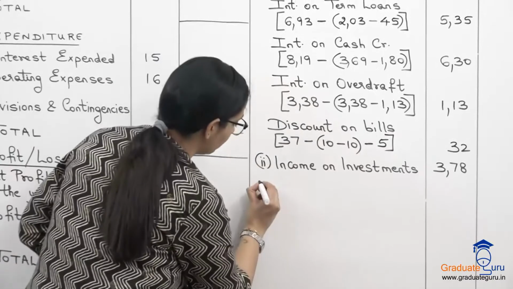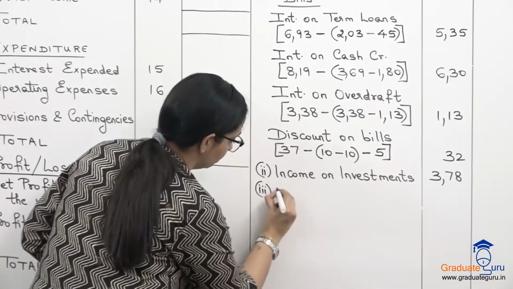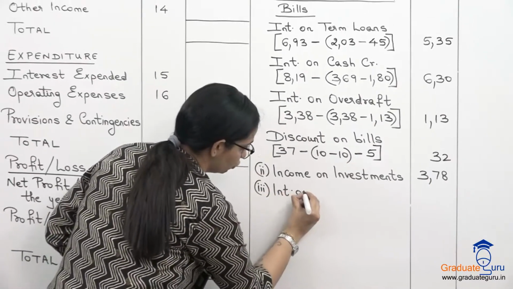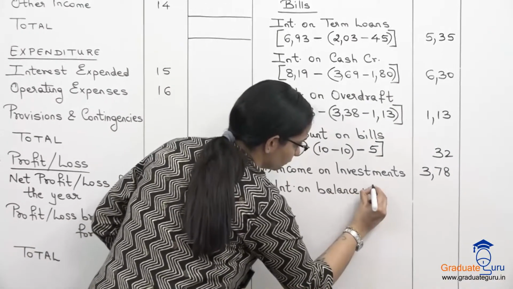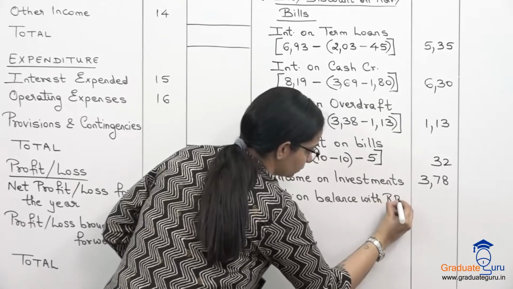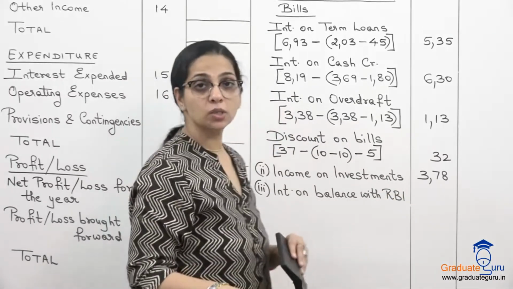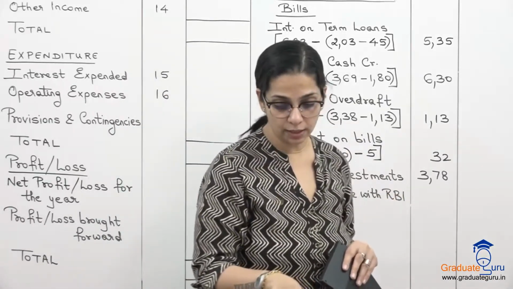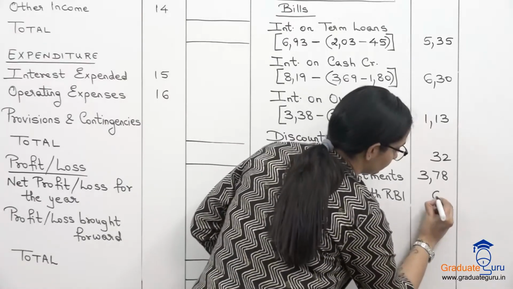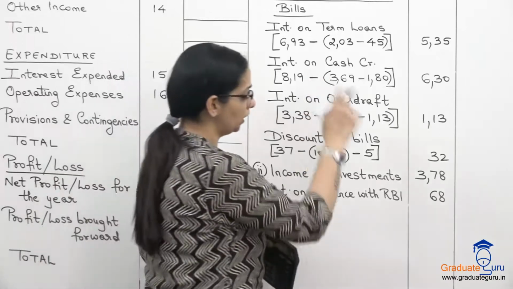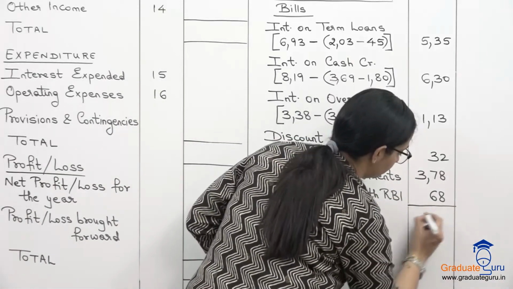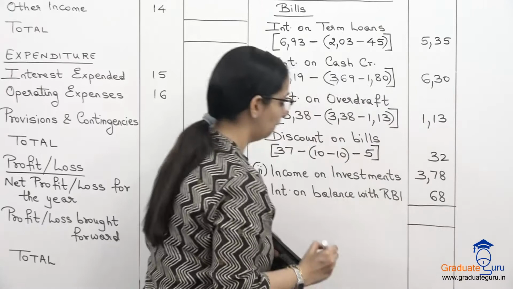And we have one more thing in this schedule, which is interest on balance with RBI. And that also has no adjustment. So directly I'll take that. 68,000 they've given. Okay, so we'll take a total of this schedule and we'll take it to our P&L.